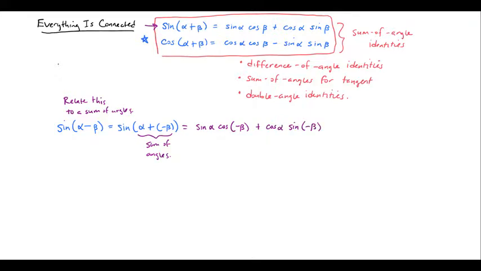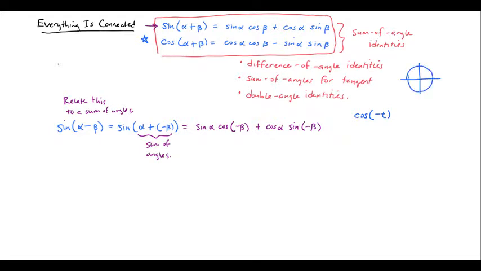Okay, so now I have to know a little bit of trig that tells me what to do with these two things here, this cosine of negative beta and sine of negative beta. You may remember from earlier that we talked about how if I have cosine of negative t, let's just think about what that means in terms of a unit circle.